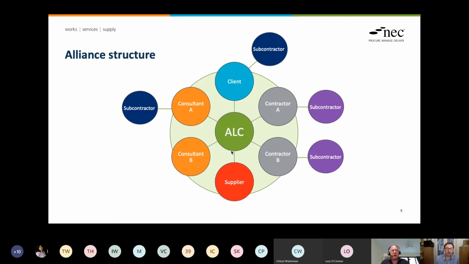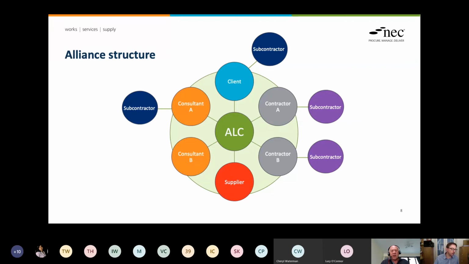So a quick recap is that we have our alliance contract, which is made up of any number of participants, really. On the screen there, you always have a client, of course. You'll always have at least contractor A and at least one other organisation. If you just have the two, I don't really see the point of having an alliance contract.